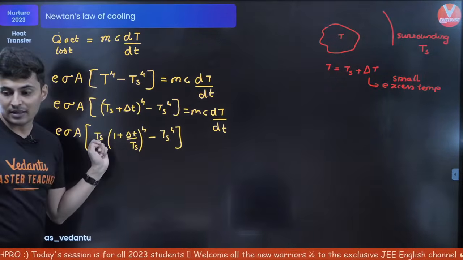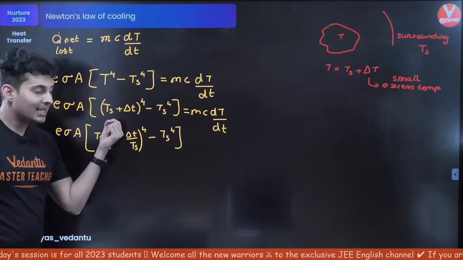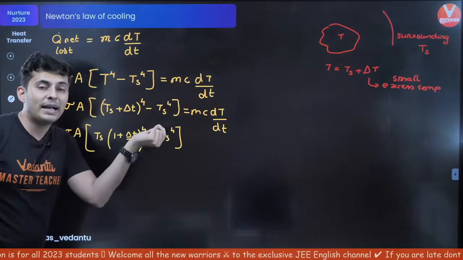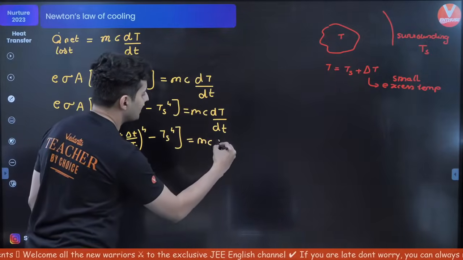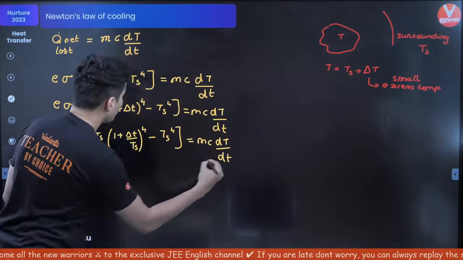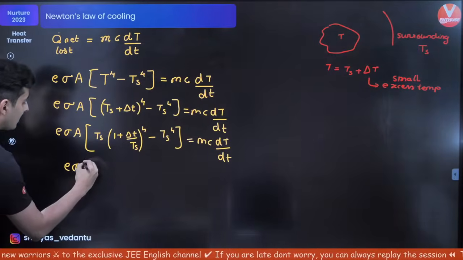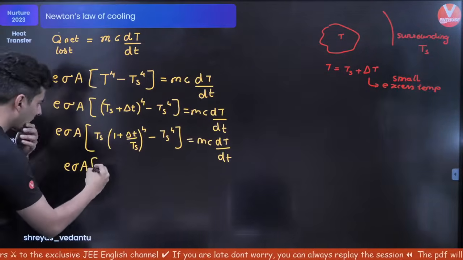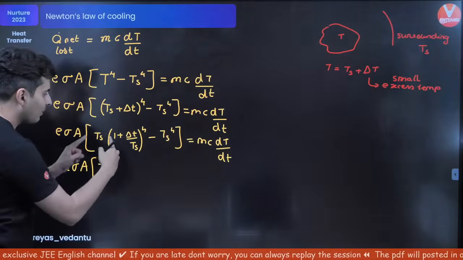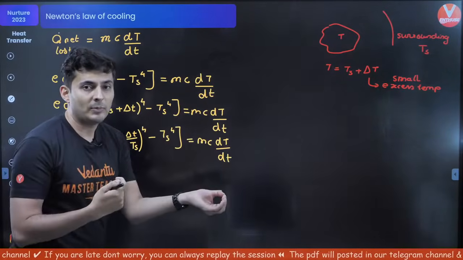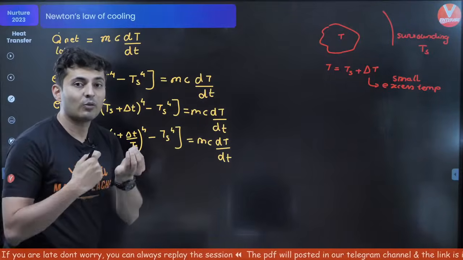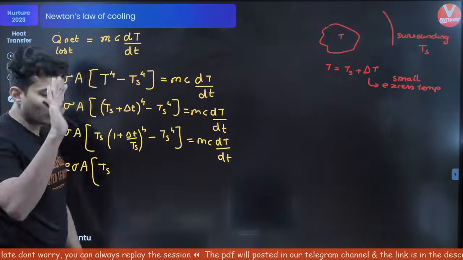This basically will help me do a binomial approximation in the next step. I'll just put it over here, mc dT by dt. Now let's do this, E sigma A, and then if I expand this, 1 plus x raised to n, binomial approximation says it will be nothing but 1 plus nx.